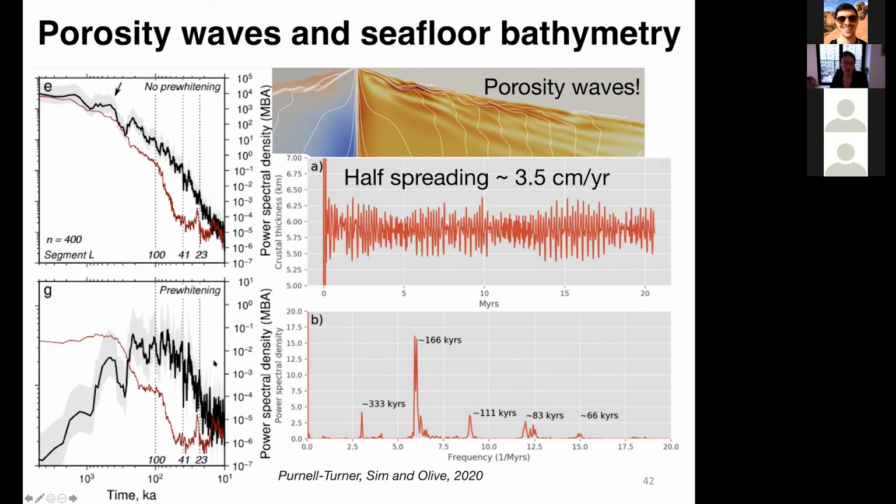You have to remember this is a very ideal case of 3.5 centimeters per year. Of course, I don't think the Earth is always going to be spreading at 3.5 centimeters per year. It's going to change over time, and that's probably why you get a wide spread in the bathymetry.